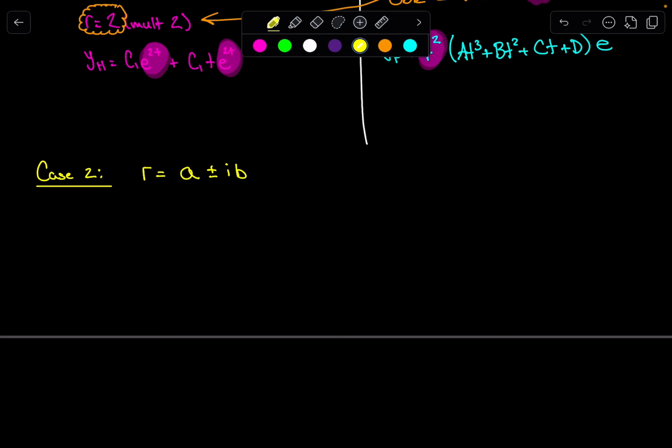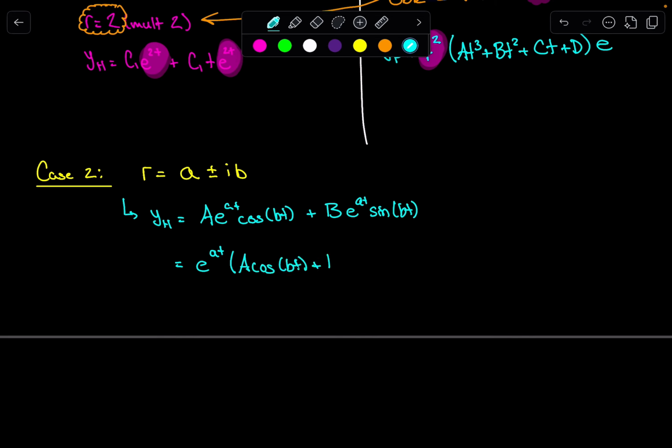Where we basically get these complex roots, and it results in our homogeneous solution looking something of the nature of a e to the at cosine of bt plus b e to the at sine of bt. And that's our solution. Or if you prefer, you could factor out the e to the at first and just write it as a cosine of bt plus b sine. Sorry to use the same letters just in lowercase and capitalized form, but this is what it looks like, right?